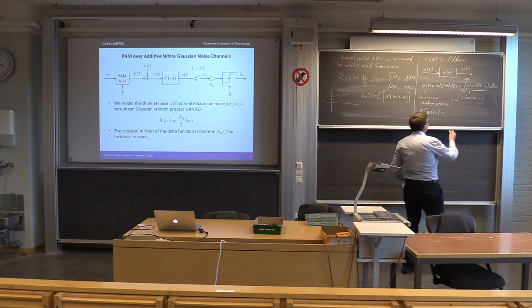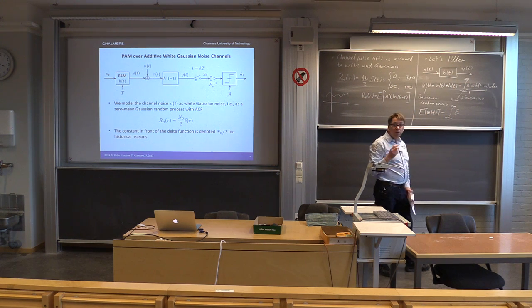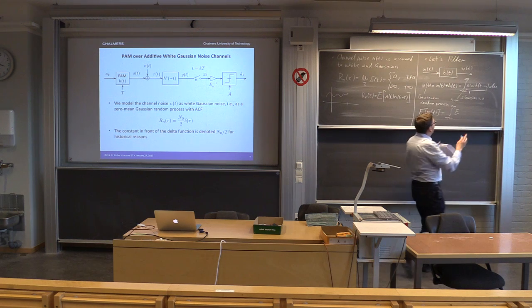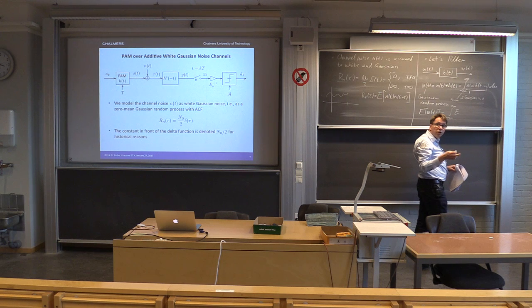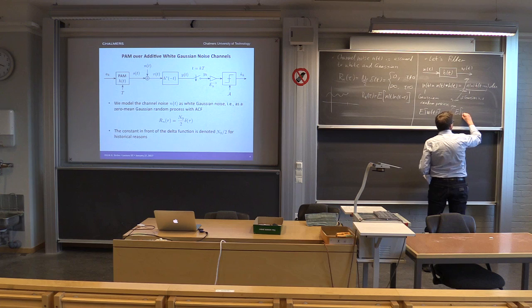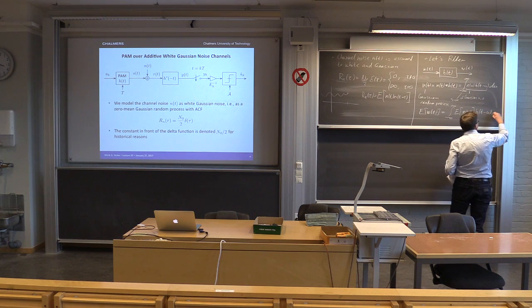So it's going to be minus infinity to infinity of the expected value of the integrand. There is one thing in the integrand which is random, namely the noise. The h here is a deterministic function, so we don't need to take the expectation of that. So we have the expectation of n of u times h of t minus u du.